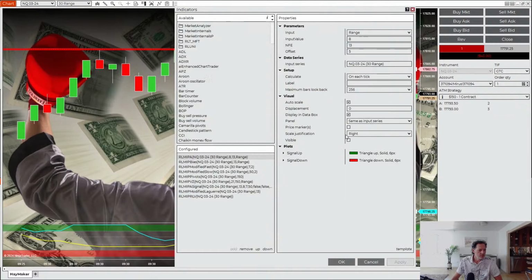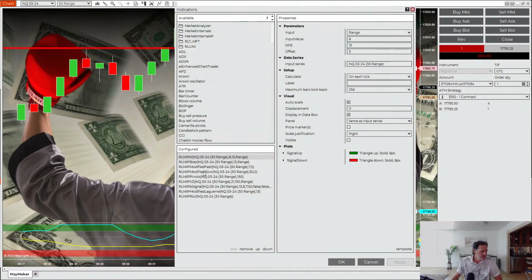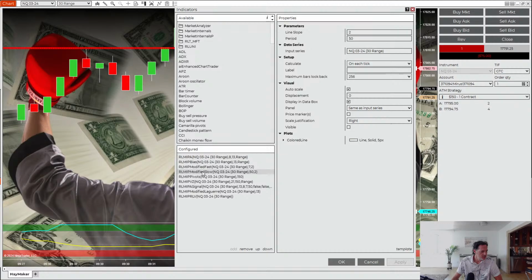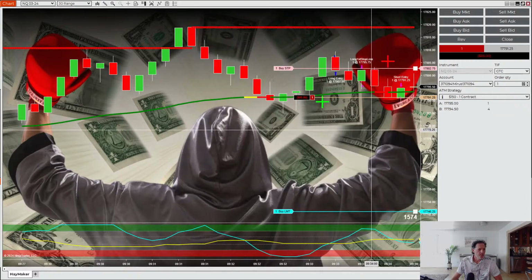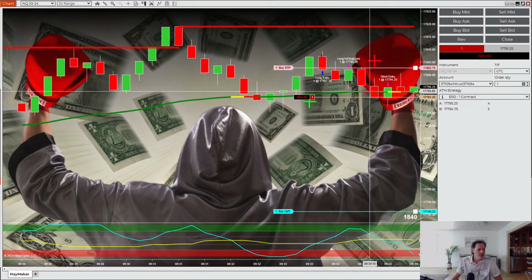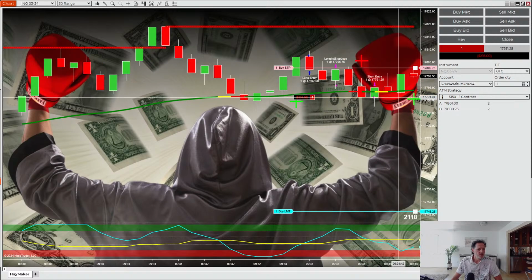Indicators. Make sure I have this one enabled. Visible. Okay, so we're right at the 50. It just changed to red briefly there, so it got this trade in, but it's been green for the most part.